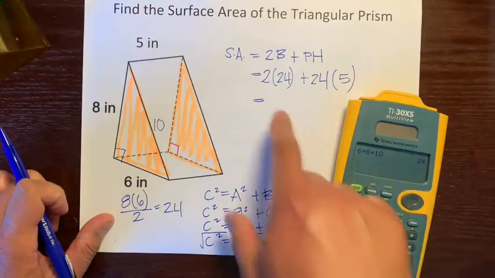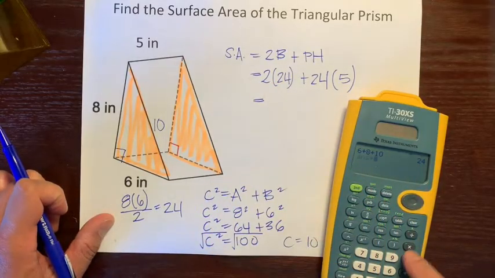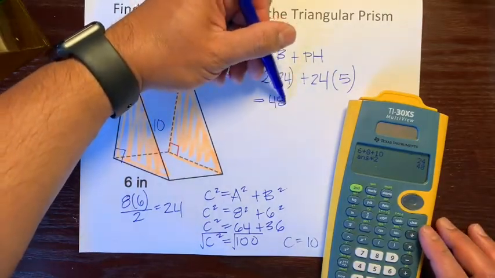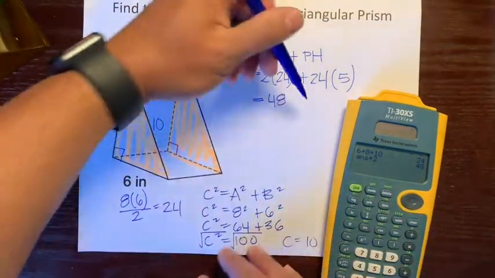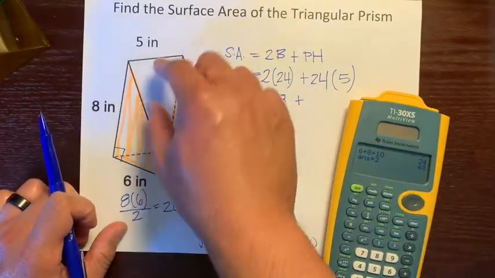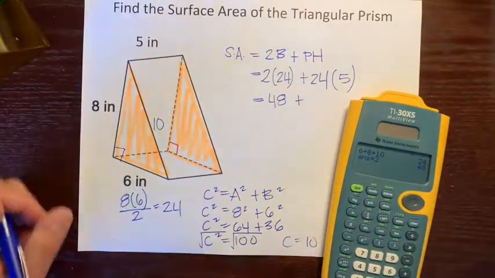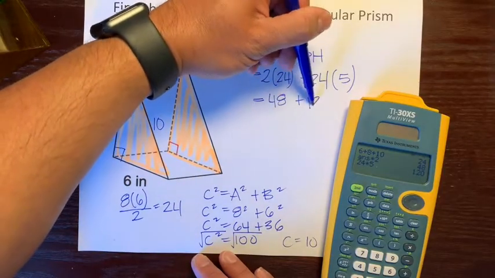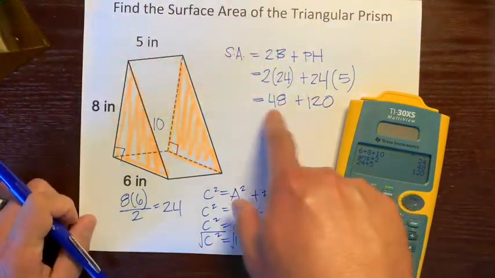Now let's use our calculator. The 24 is already there, so 24 times 2 is 48. That represents the area of our two bases. Now let's find the area of our lateral faces, or the lateral area, everything in between. So 24 times 5 is 120. Let's add both of these up.